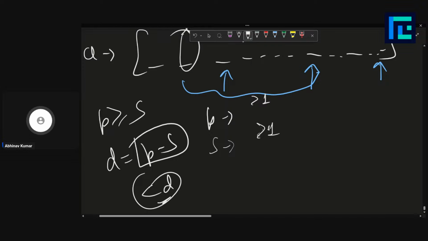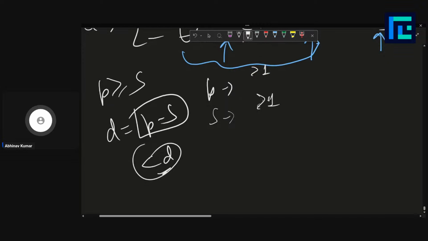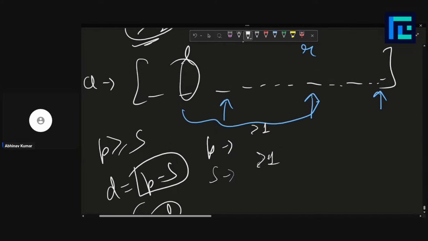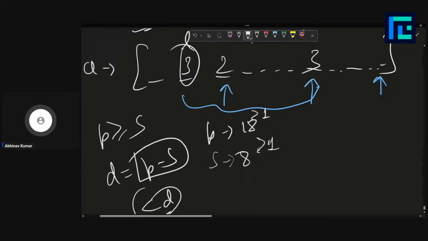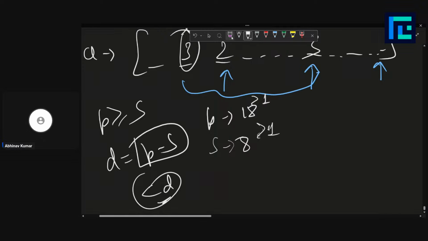then whatever is, if let's say I have a 3 here, 2 here and 3 here, the product would be 3, 3, 9, 18, and the sum would be 3 plus 3, 6 plus 2, 8. So the difference I would get here would be 18 minus 8 equal to 10.